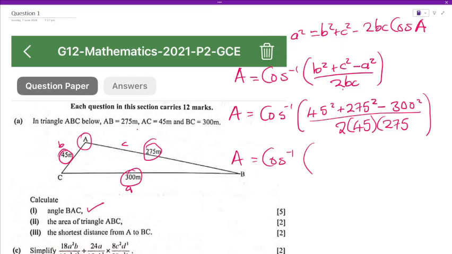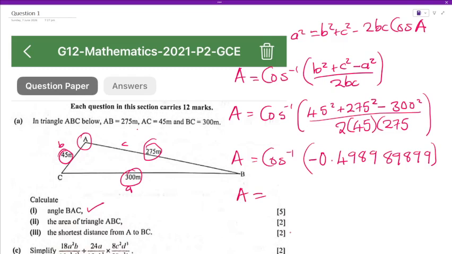Okay, this looks about right. So usually when you do this, you need to get a very small decimal. So negative 0.4989899. Then I'll apply the cos inverse at the beginning here.